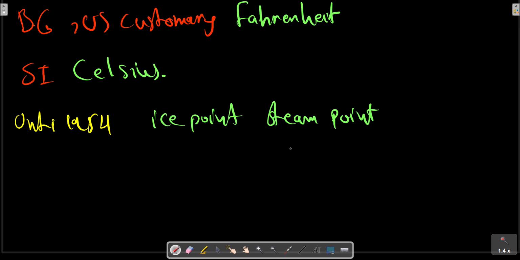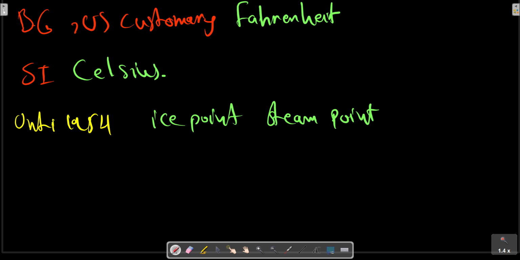The temperature of the ice point is defined as the temperature of a mixture of ice and water that is in equilibrium with standard air at a pressure of 1 atmosphere. The temperature of the steam point is the temperature of water and steam which are in equilibrium, also at 1 atmosphere.